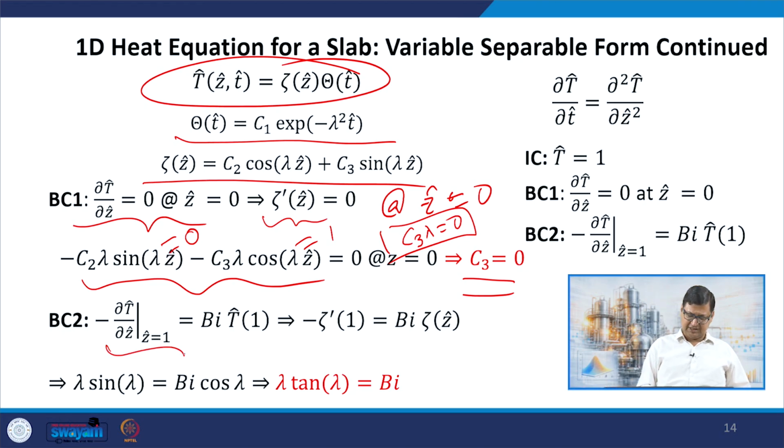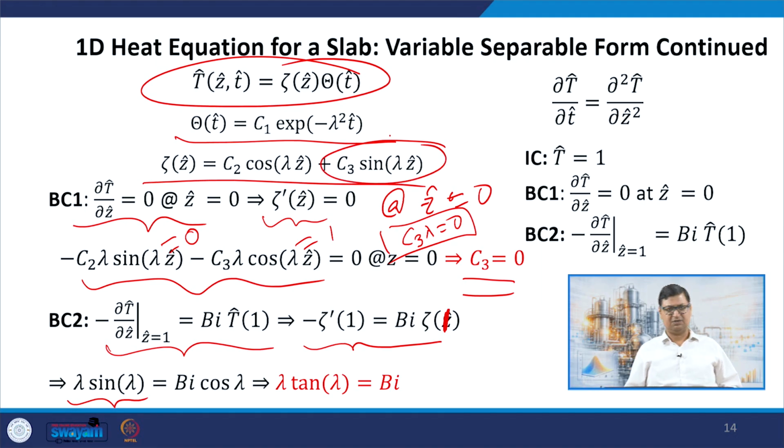From the second boundary condition, I get minus zeta prime at z cap equal to 1 is Bi sigma at z cap equal to 1, right, and this gives me lambda sine lambda, because now the second term is already gone, only the first term is remaining.